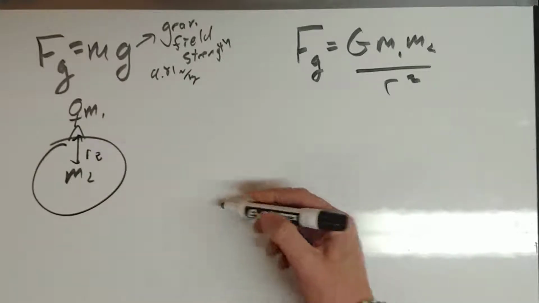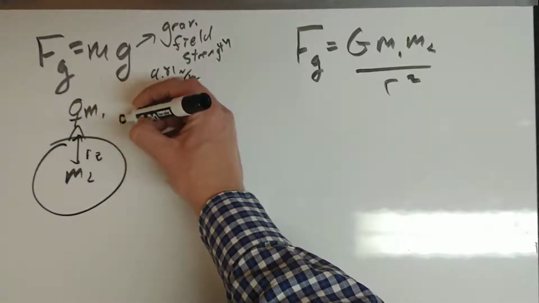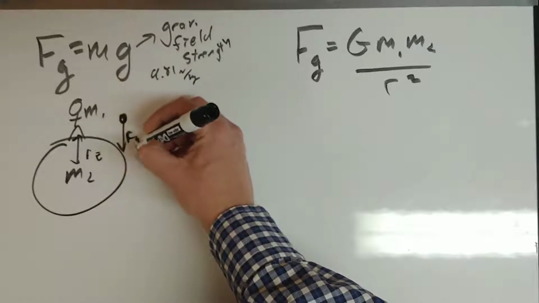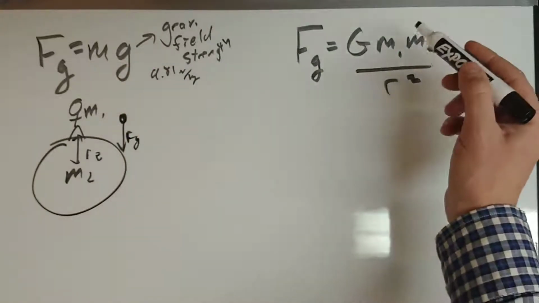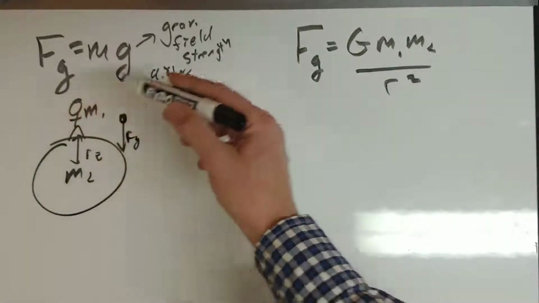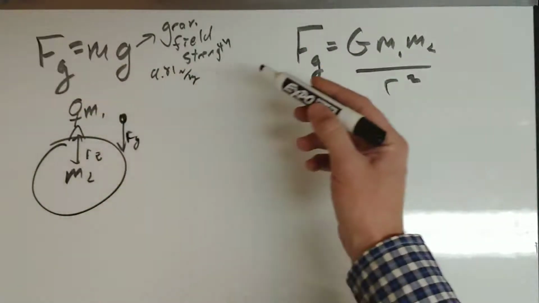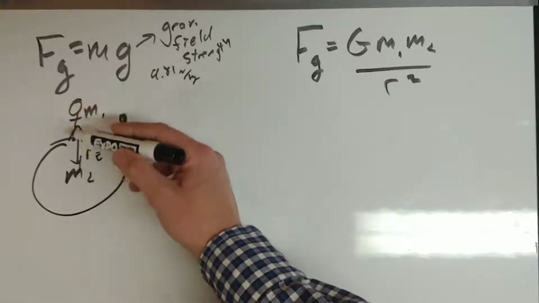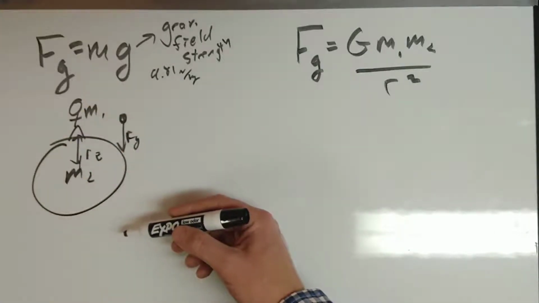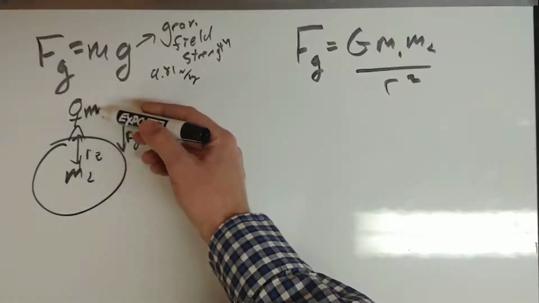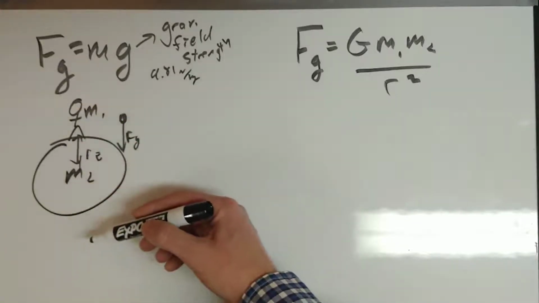So that force that person experiences, the force diagram of the person, FG, should be equal to this. If we say M1 is the person, M2 is the Earth, and R is the radius of the Earth, the distance between them, let's name M1 and M2 appropriately.